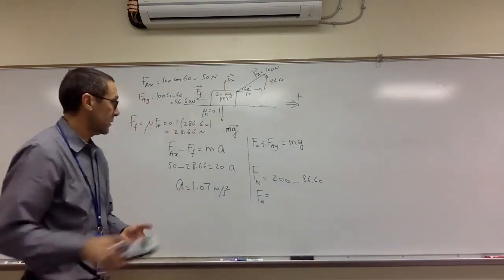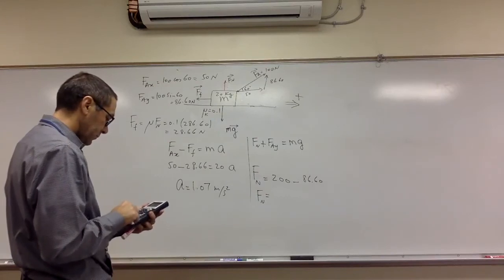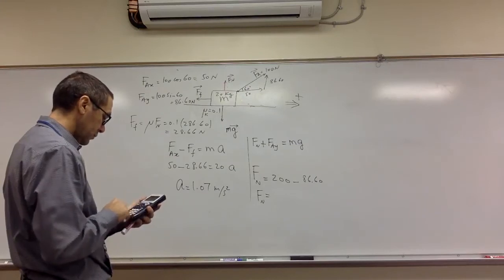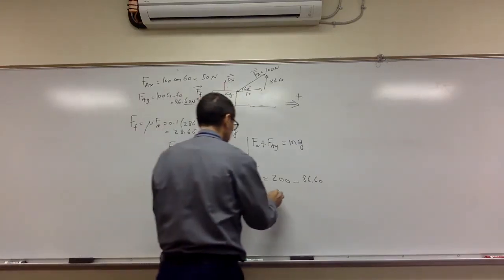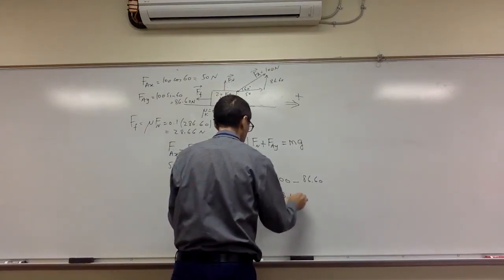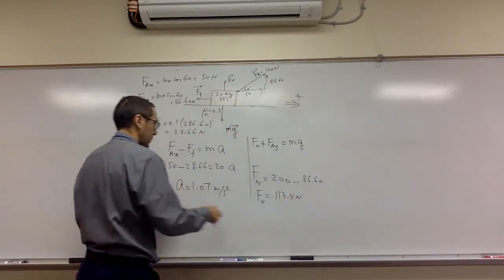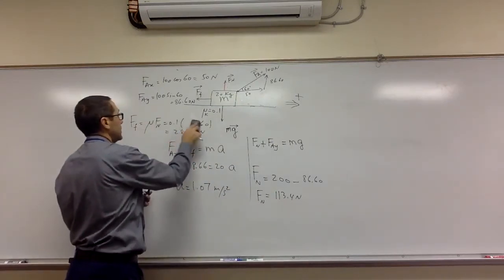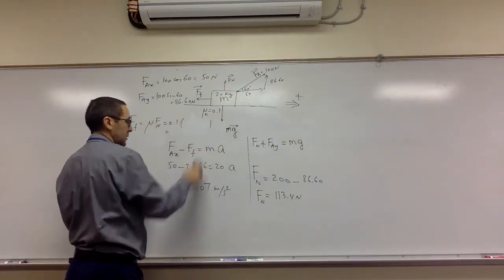So if we do the math there, 200 minus 86.6, we should get 113.4 newtons. So we'll replace this here. You got the idea, right?